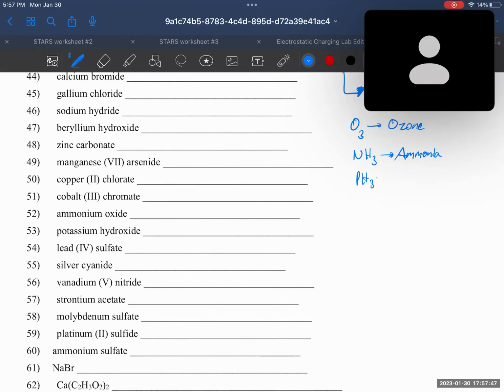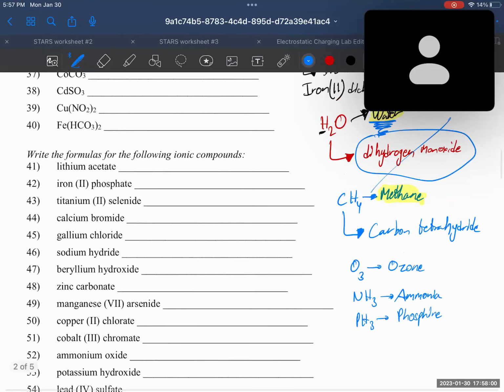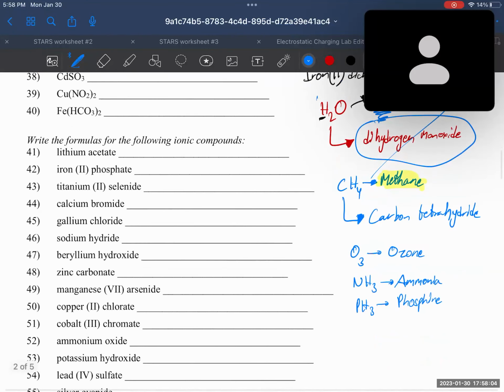PH3 phosphine. Pretty sure that's it. Yeah, ammonia, NH3, PH3 phosphine, O3 ozone, CH4 methane, H2O water. These are all the common names you have to memorize.